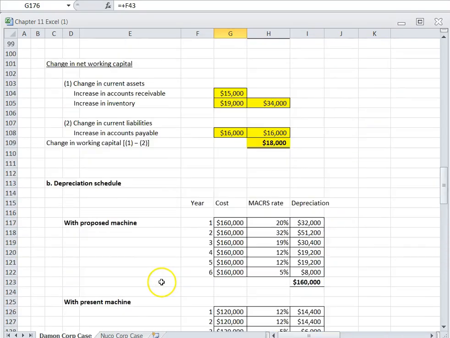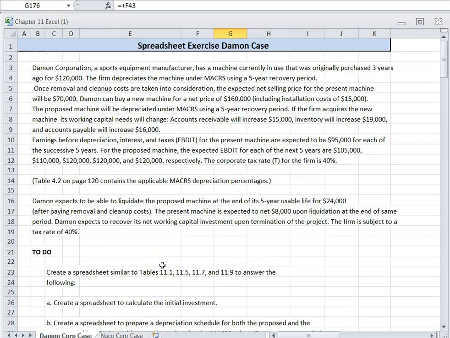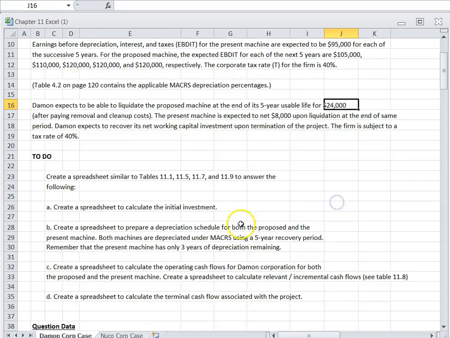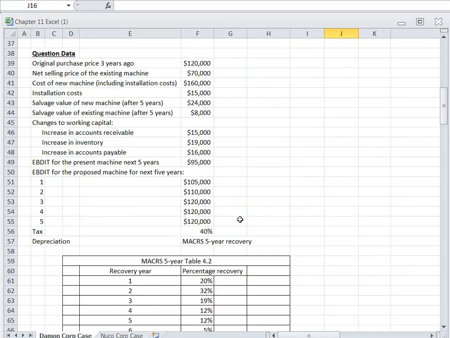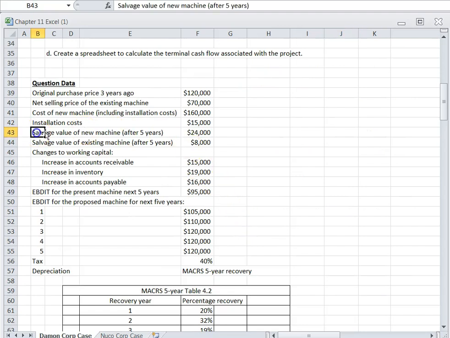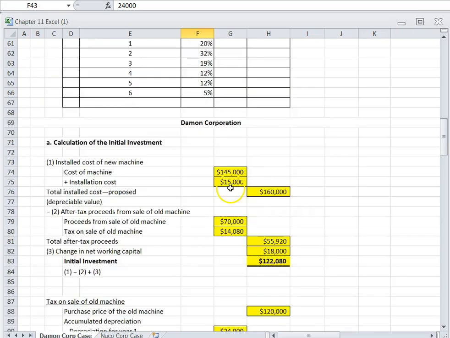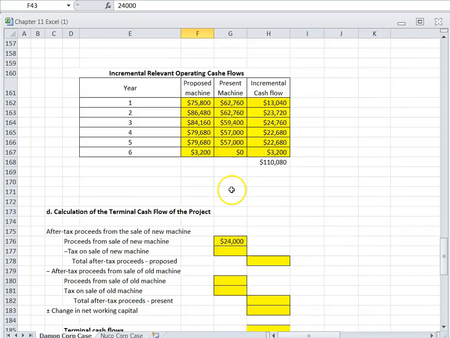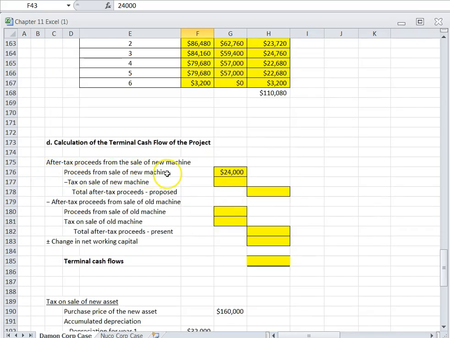So if we actually go back all the way to the top of the problem and we look for, here's where it says able to liquidate the proposed machine at the end of 5 years at $24,000, and that's why I put that over here as far as the salvage value of the new machine. Salvage value basically means what I can get when I sell it. So down here where it asks for proceeds from the sale of the new machine, that's where I'm getting this $24,000 from.